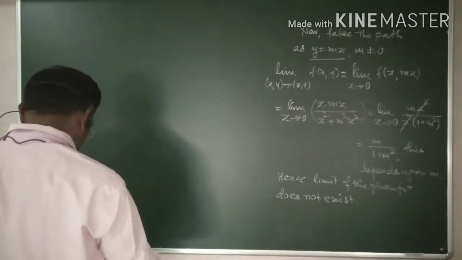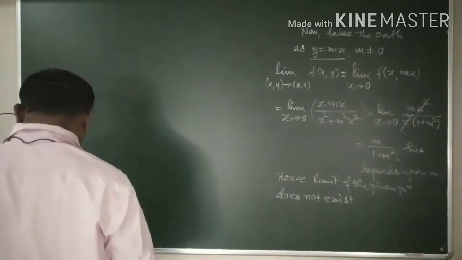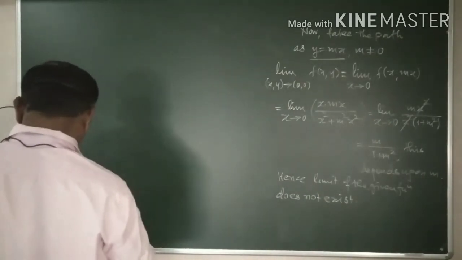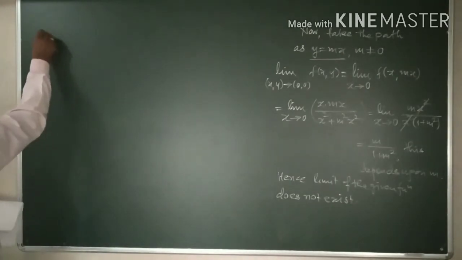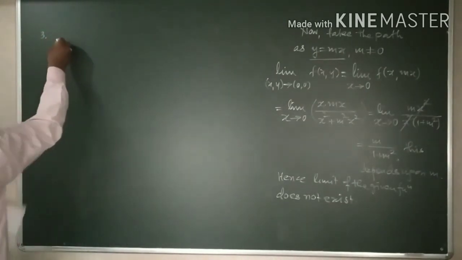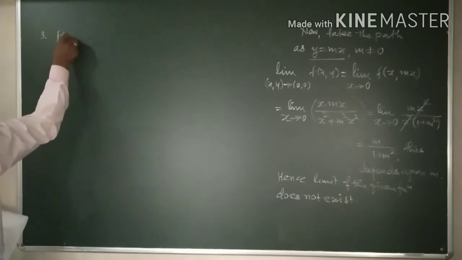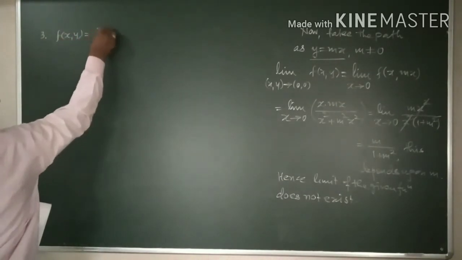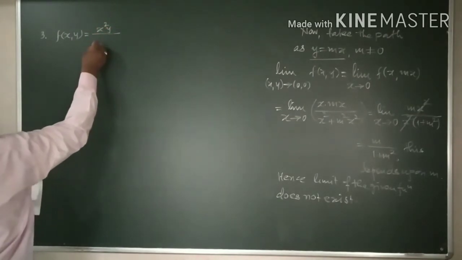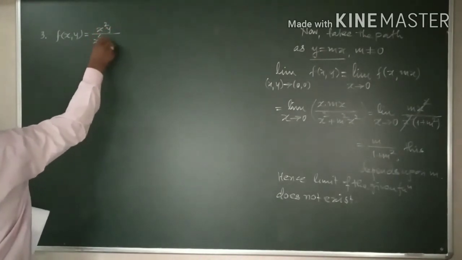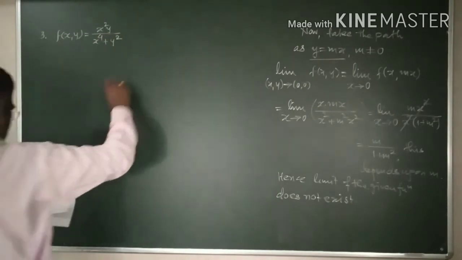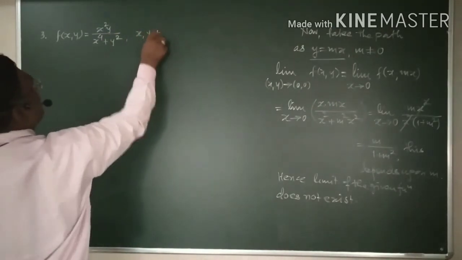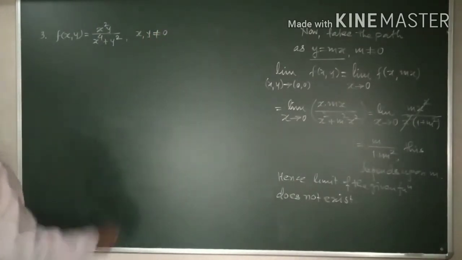Let us go for another example. Next example, third: f of x y is equal to x square y upon x raised to 4 plus y square, where (x, y) is not (0, 0).